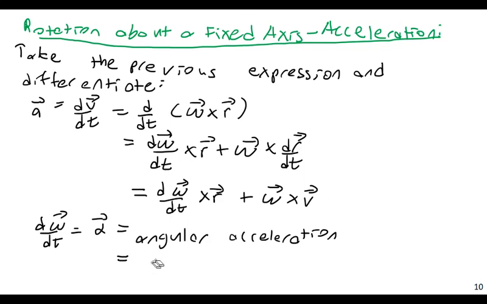I try to make my alphas very distinct from my k's, or alphas very distinct from my a's, sorry. So this is going to be equal to omega dot k equals theta double dot k. Okay?